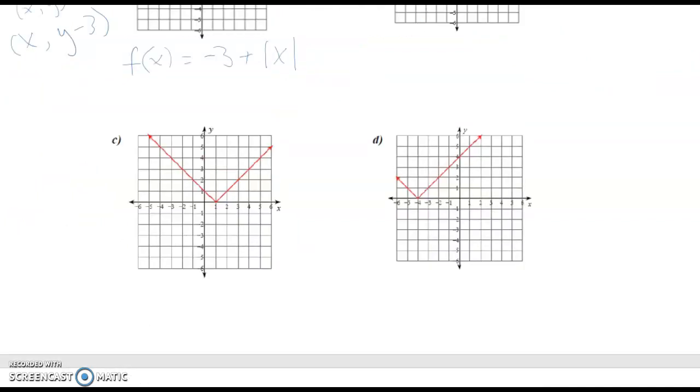Let's try another one. Here, if you think about your parent function being that little v shape right through 0, 0, we have not moved it up or down, but we've moved it to the left 4. So we've taken every x, y point and we've moved it to x minus 4, y.